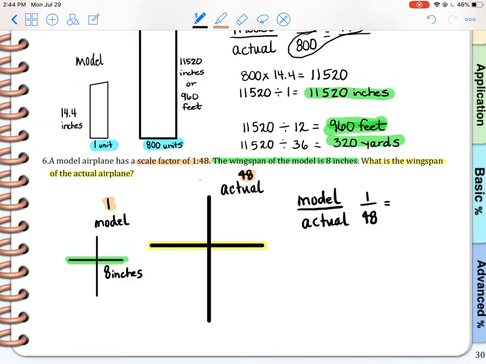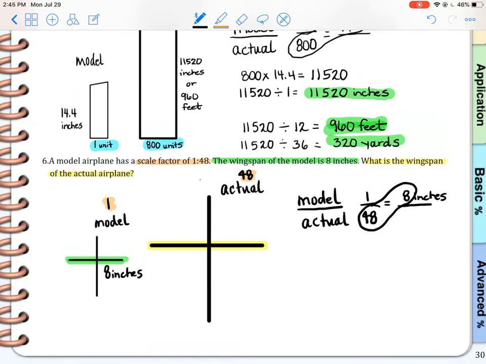And when this construction is completed, the actual aircraft, we want to know its wingspan if the model's wingspan is 8 inches. So we're doing the cross multiplying right there.